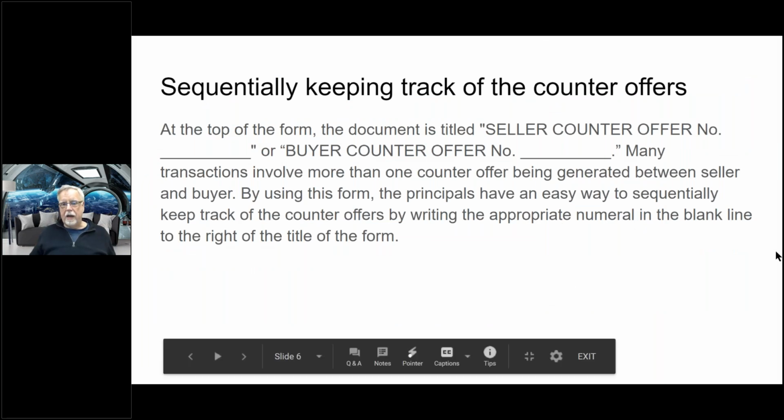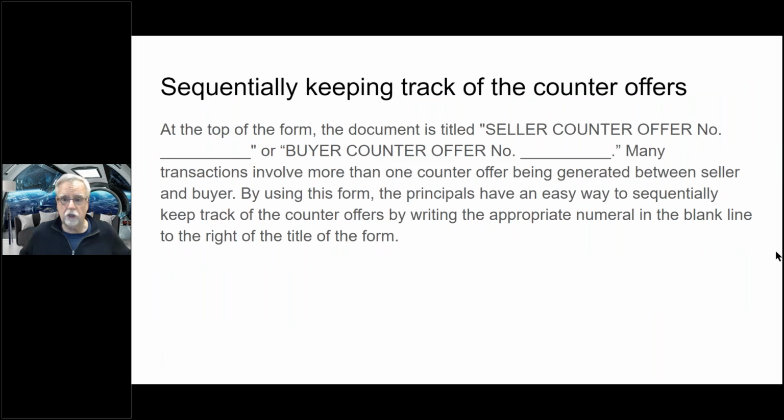Sequentially keeping track, yeah. So seller makes a counteroffer. That's counteroffer number one. That's pretty easy. Buyer counters the seller's counter. Is the buyer's counteroffer number two, or is the buyer's counter number one because it's the buyer's first counter?